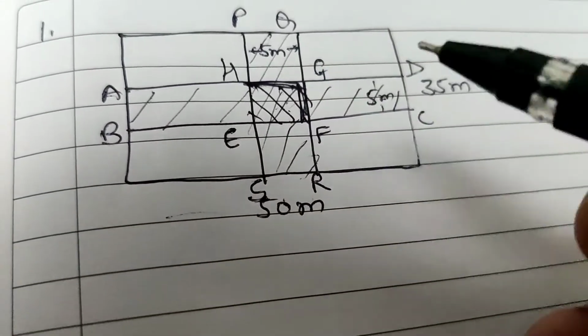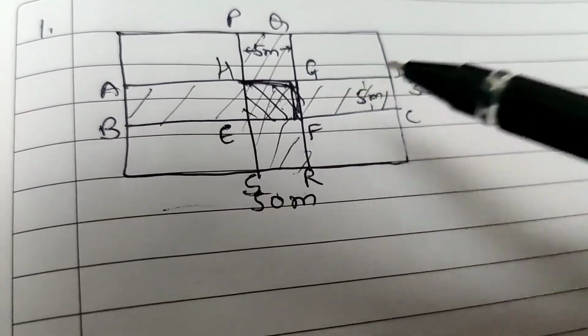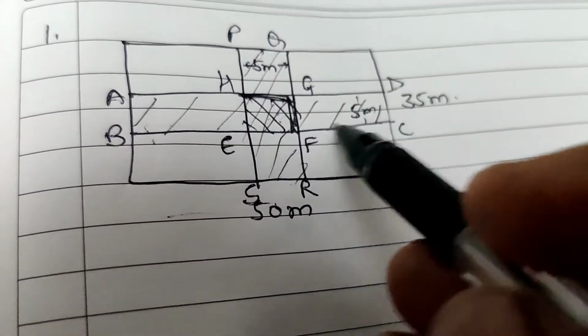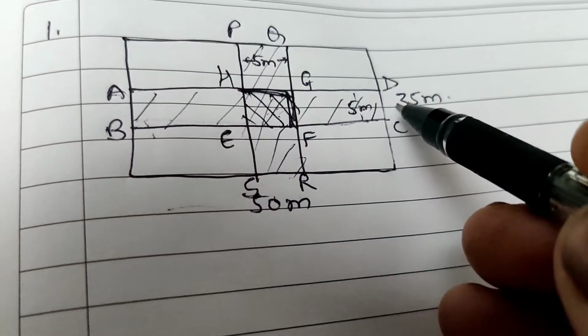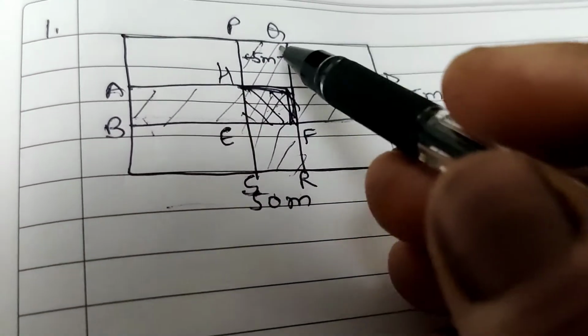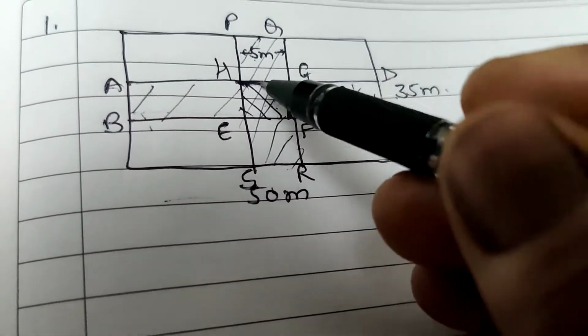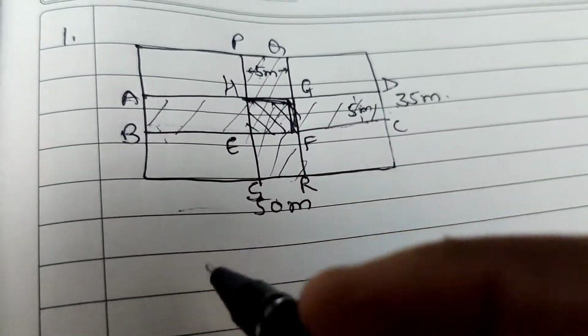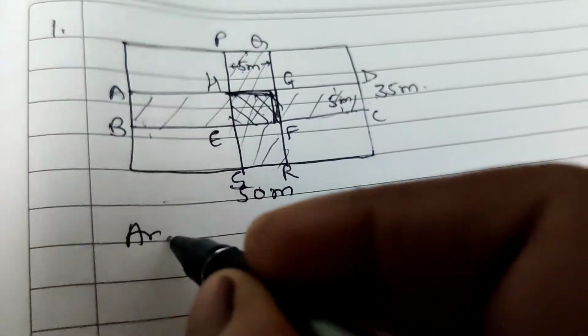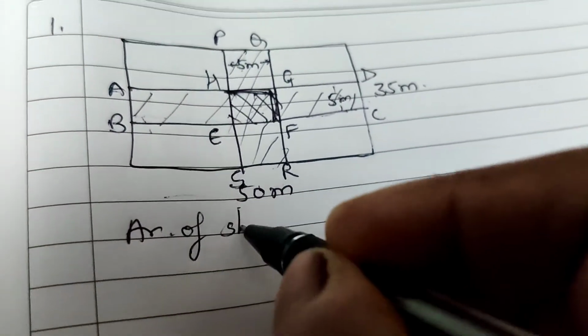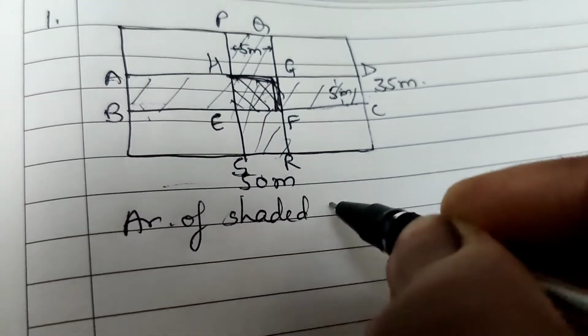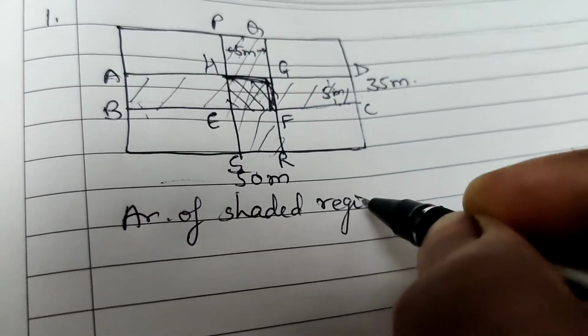Okay, the area of a rectangle is length into breadth. ABCD length is 50 and breadth is 5. And PQRS 35 into 5 minus 5 into 5. Okay, the area of shaded region.